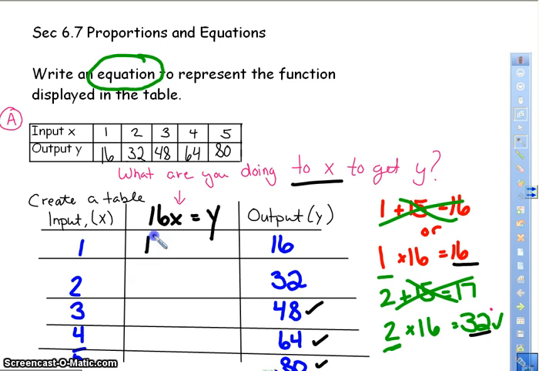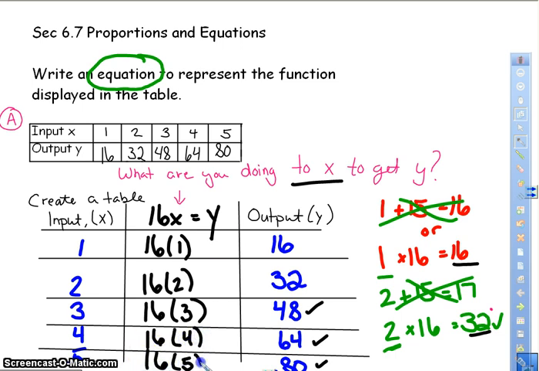So I'm taking 16 times 1, 16 times 2, 16 times 3, 16 times 4, and 16 times 5, and all of those are giving me my y value. So my y value is 16, 32, 48, 64, and 80.